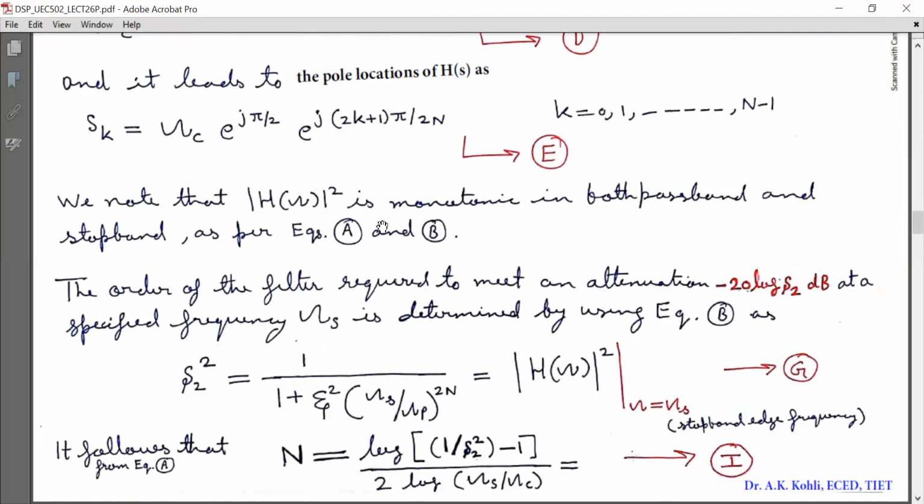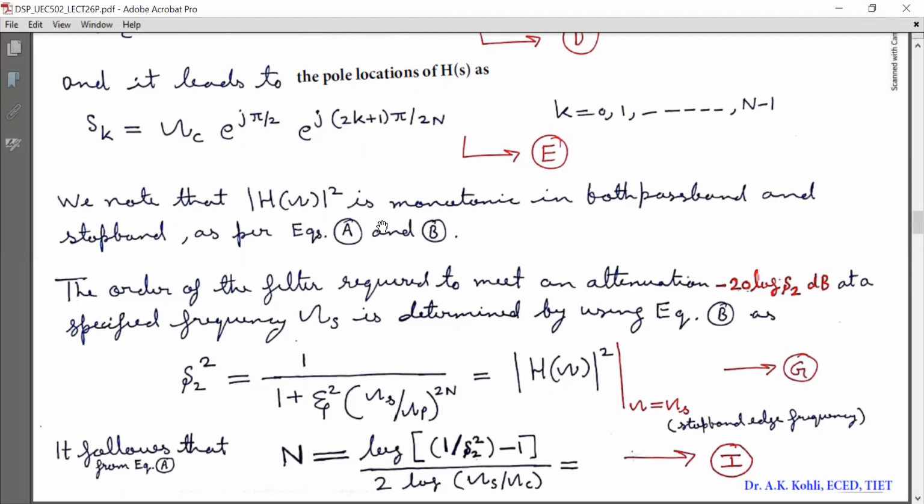Now the order of the filter required to meet an attenuation minus 20 log delta 2 dB at a specified frequency omega s is determined by using equation B as equation G. Now look at this. We are given that attenuation is minus 20 log delta 2 dB.